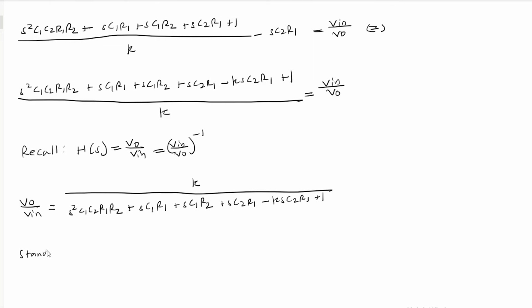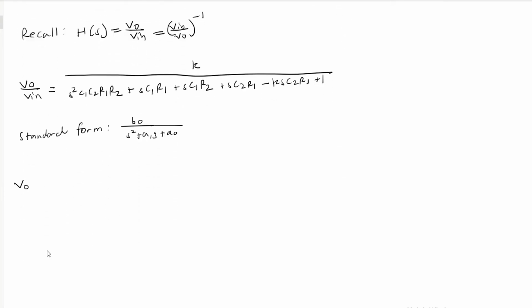Now this is a transfer function, but it is not in standard form. The standard form has the following form, where there's no term in front of the S squared. So we have to divide with C1, C2, R1, R2 in all of the terms of the transfer function in order to arrive at the standard form. And by doing so, we get the following.